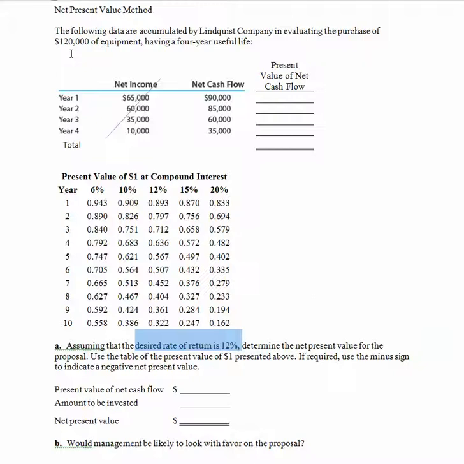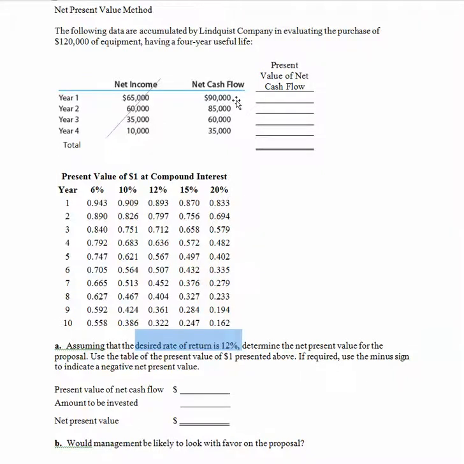So we need to calculate the present value of our net cash flows. Let's first of all, though, look at our net cash flows. What are we talking about here? This is money, cash, that is going to be coming into the company if we buy this equipment. And notice that it's net. Net in accounting always means after subtracting something.